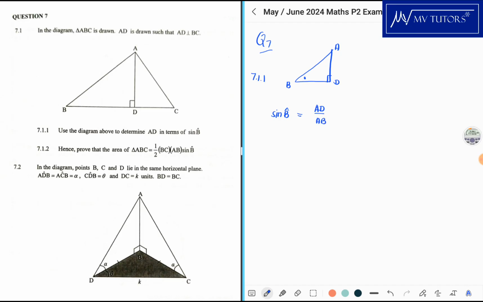And we are going to put it in terms of AD. Therefore, AD is equal to AB sine B. Okay, so there we have AD in terms of sine B.